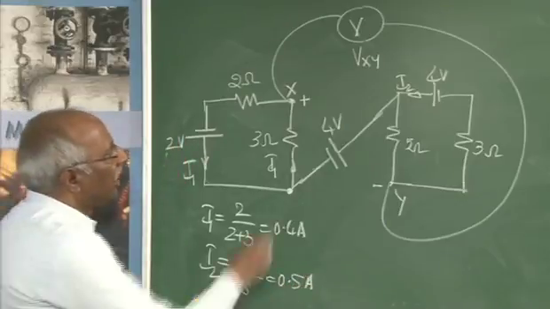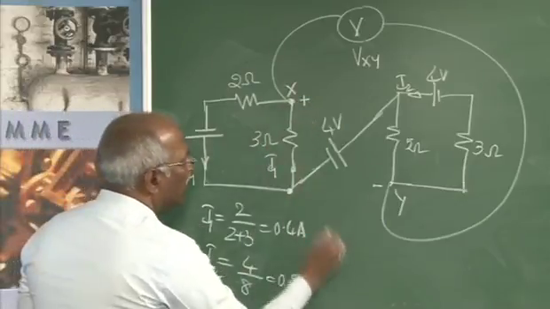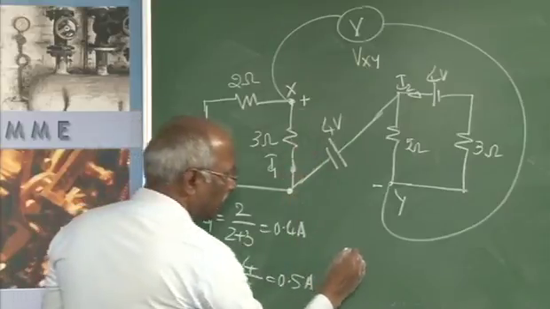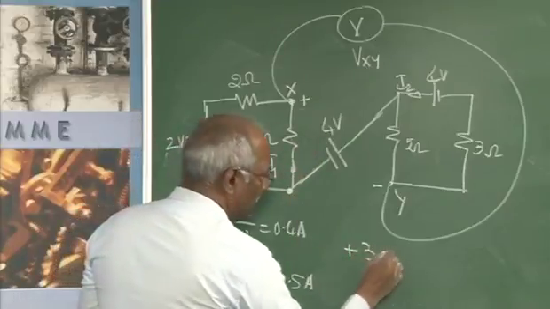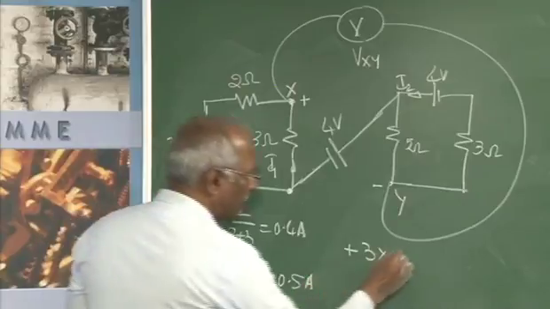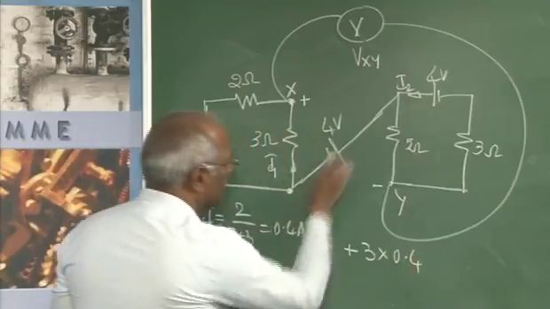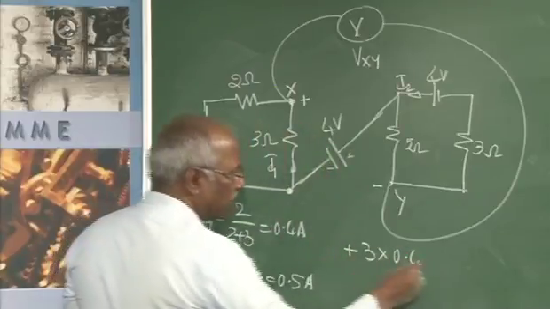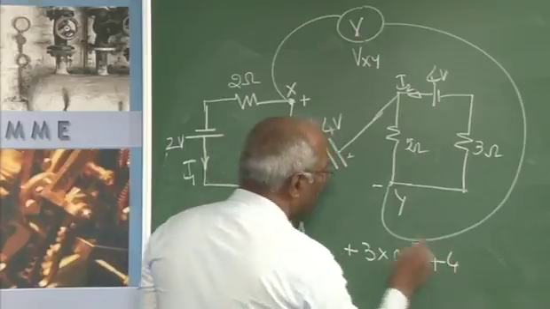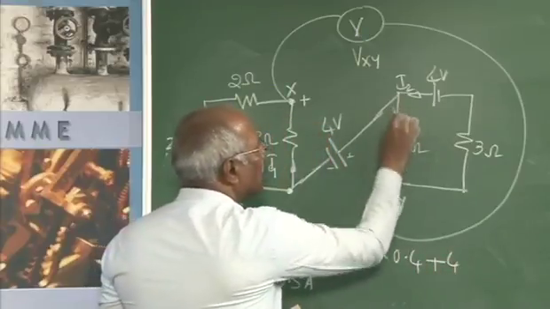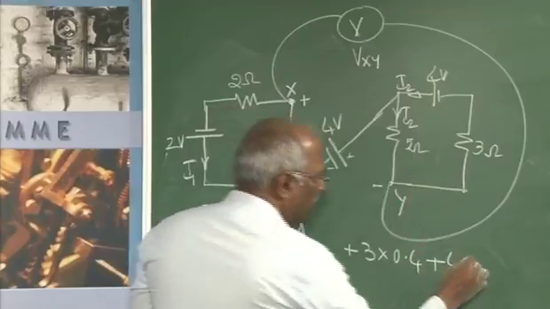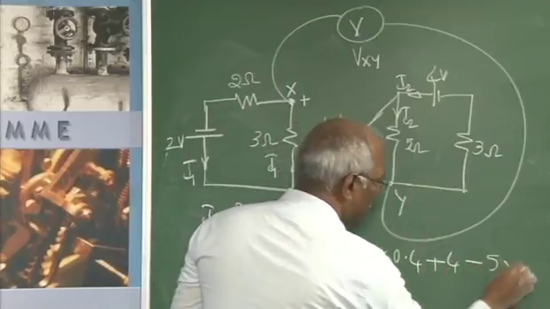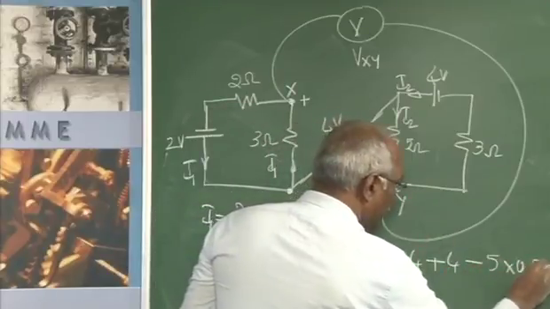As I start from here, I am going against the current, therefore it is plus 3 into I1. I1 is nothing but 0.4. As I go this way, minus to plus, it is plus 4. And when I am coming this way, the current is coming this way, it is minus 5 into 0.5.